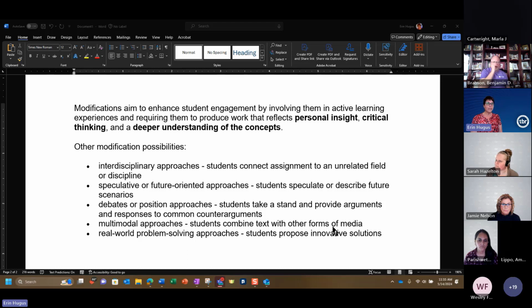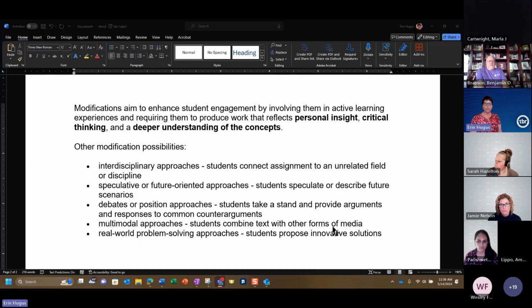Connecting across disciplines is a really great way to elevate the expectations of assignments. Honestly, it makes it a lot more real world, thinking about how we engage in our workplace, that it's not singularly in one discipline, that it's very interdisciplinary.